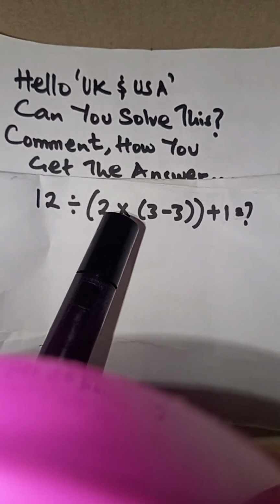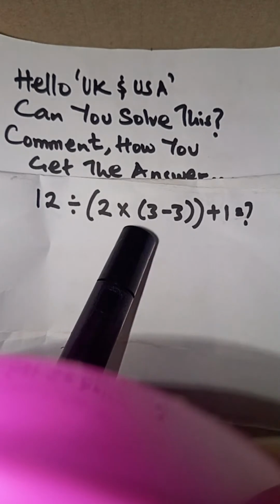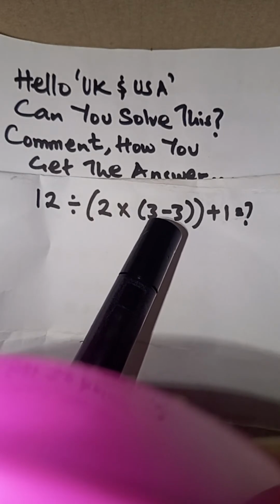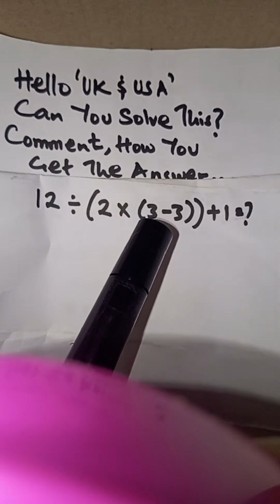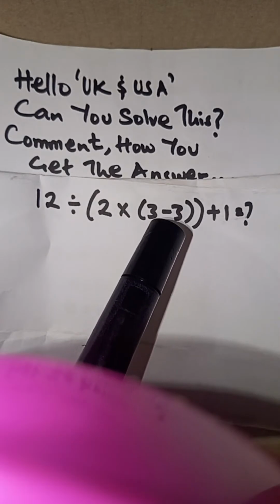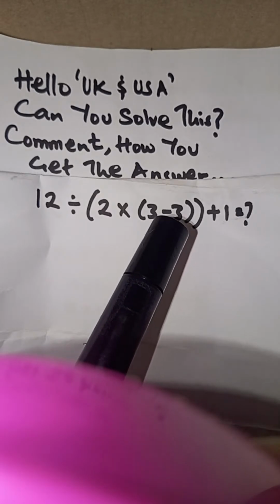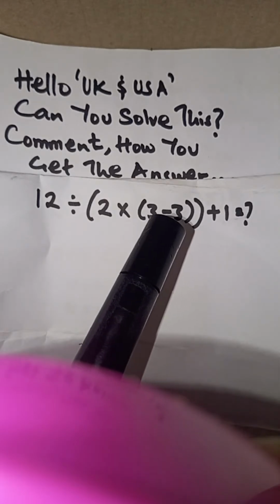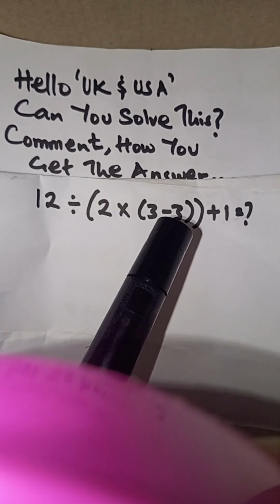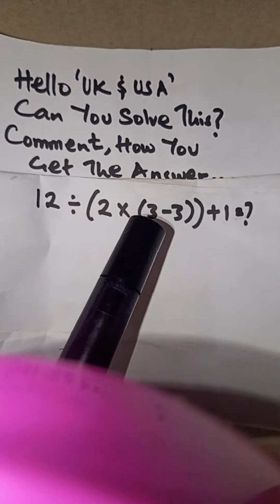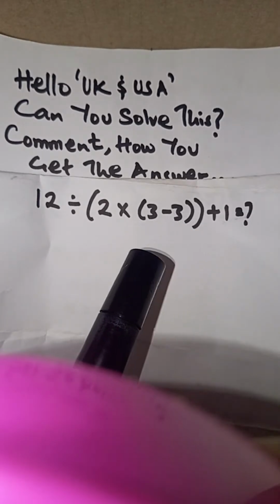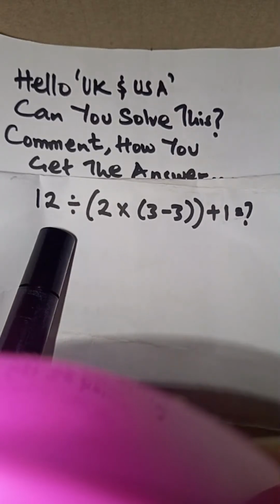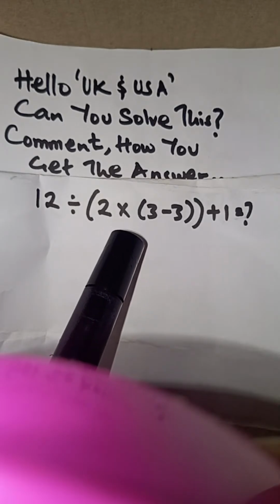When you take 2 multiplied by this, it is 0. It is true that you cannot take 12 divided by 0 and get a number, it is undefined.